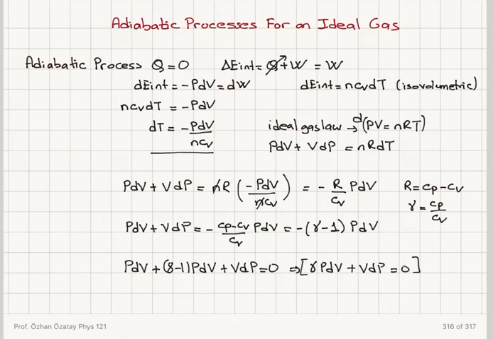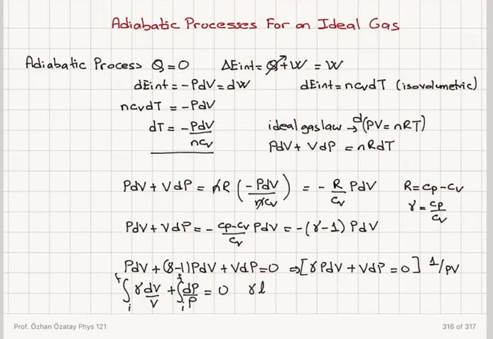And I'm going to divide this equation by pressure times volume in order to have only one type of variable in one term. So this is going to give me gamma dV over V plus dP over P is equal to 0, which I'm going to integrate from the initial state to the final state.